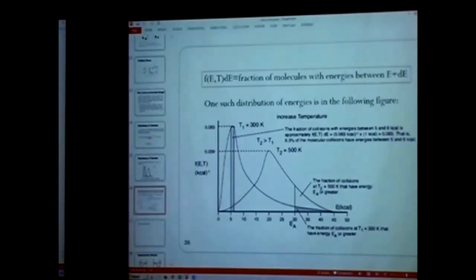That one shows what percentage of molecules have the energy between 5 and 6. You take a rectangle here: 5 minus 6 times 0.083, which percentage-wise means 8.3% of your molecules have the energy between 5 and 6.